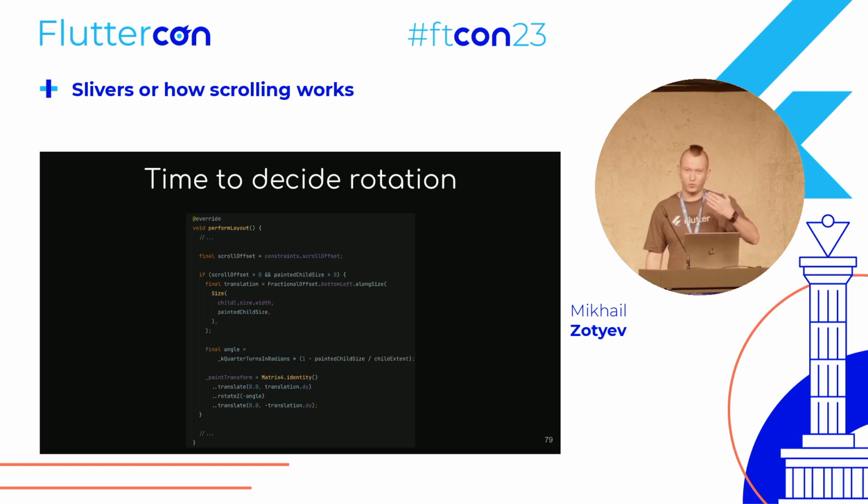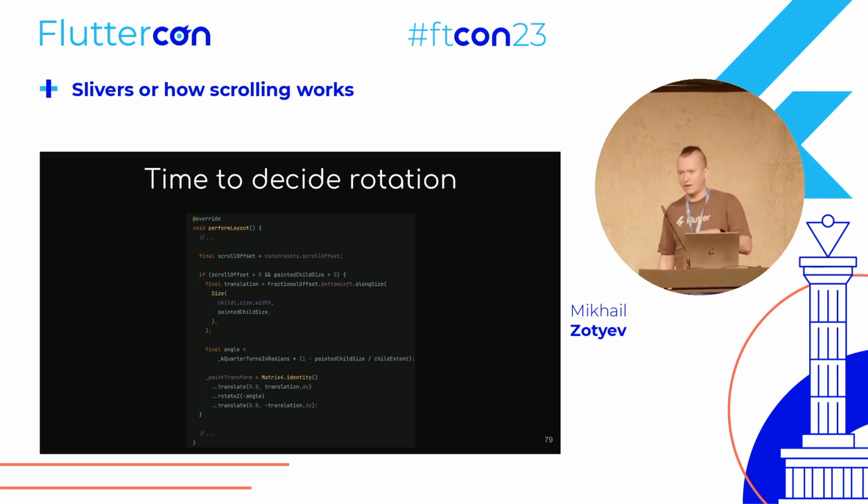After this we need to spin, depending on how much we move out. So scroll offset will help us. As soon as it becomes bigger than 0 and we have at least something to paint, we will do this. The angle will be calculated as the relation between the painted part and the maximum part of our size. Based on this, we calculate the angle.